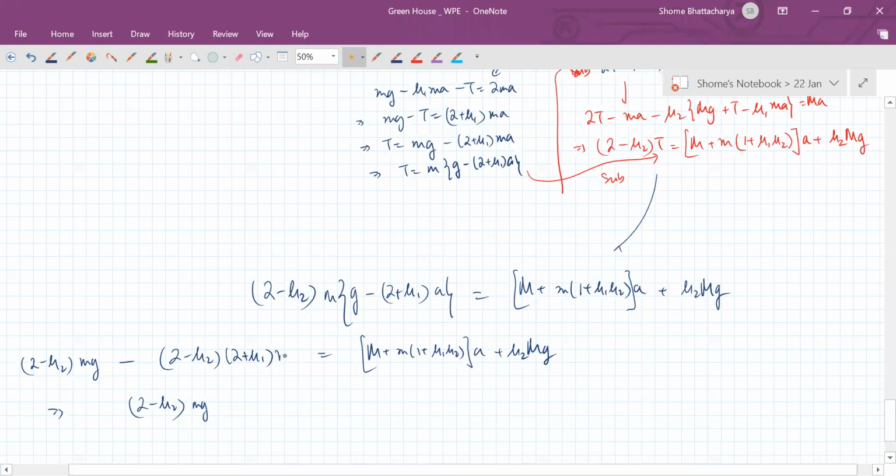Let's just make sure we get this correct. So (2 minus mu2) into tension, where tension is m into (g minus (2 plus mu1) A), is equal to this whole side, capital M plus small m into this. So we find here. Now we have to just open this bracket.